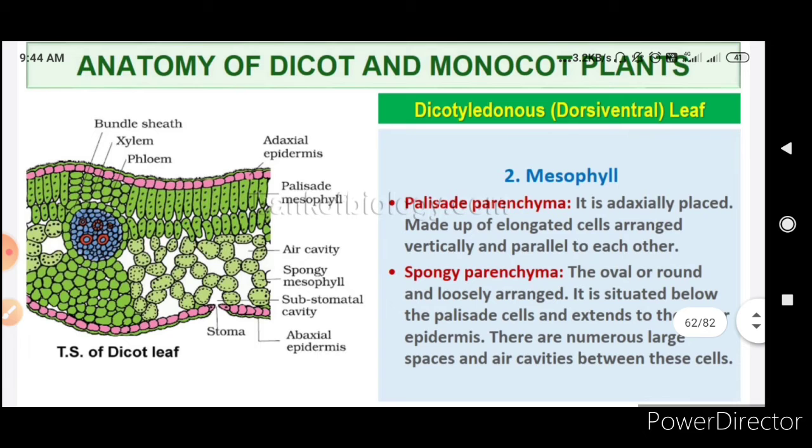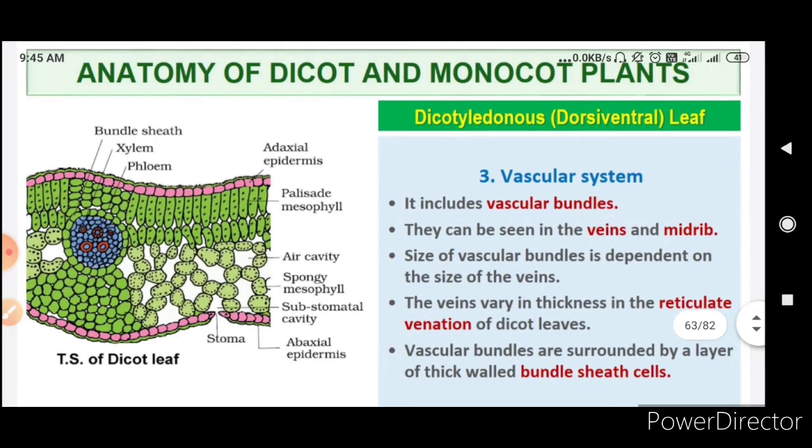Palisade parenchyma was adaxially placed, made up of elongated cells arranged vertically and parallel to each other. Spongy parenchyma had oval or round, loosely arranged cells, situated below the palisade cells and extending to the lower epidermis, and there were numerous large spaces or air cavities between these cells.